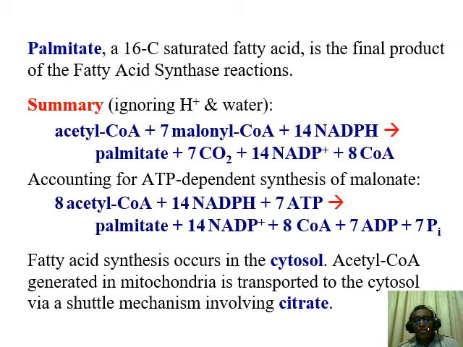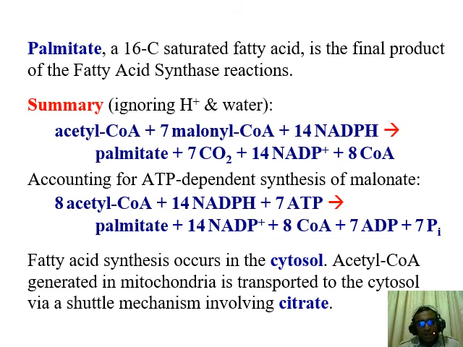But if you take into account the ACC and also the reaction of fatty acid synthase, you need to realize 8 acetyl CoA will react with 14 NADPH, and 7 acetyl CoA will be converted to malonyl CoA by using 7 ATP, and due to the two enzymes, finally you will get palmitate as the end product, the 16 carbon palmitate.